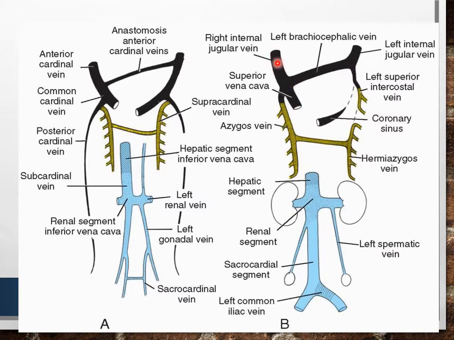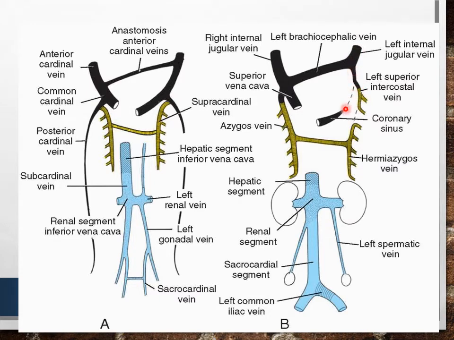The distal portion of the anterior cardinal vein is going to form the internal jugular vein. Internal jugular vein is formed by the distal portion of the anterior cardinal veins. Here you can also see the distal portion forming the left internal jugular vein.